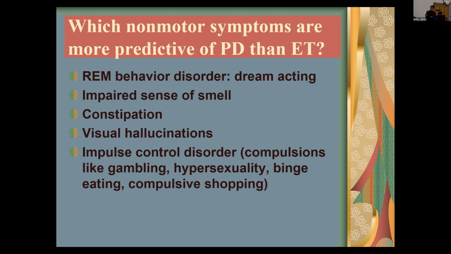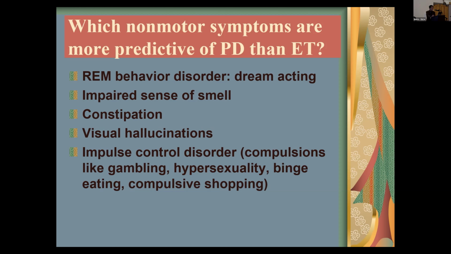Number 1, REM behavior disorder, or dream acting. At night, they thrash around, they kick, they punch, they yell, they have nightmares, they sleepwalk. The second one is impaired sense of smell. Although I usually query whether patients are smokers or have sinus conditions or a broken nose, which can impair their sense of smell, or they just had COVID, which is something that we start asking about.